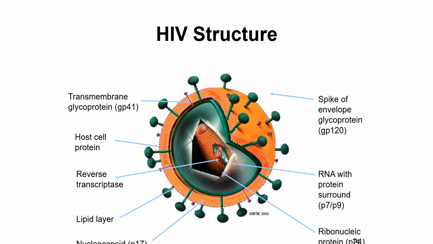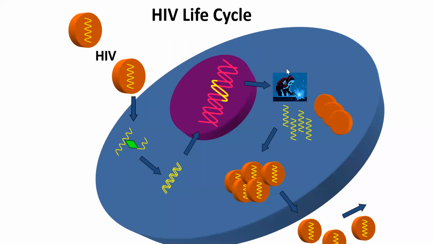Then you have your nucleus, and in the nucleus you have your reverse transcriptase, your integrase, and your protease. These things are important for you to appreciate because they help you appreciate the HIV life cycle, in terms of how the HIV virus multiplies.